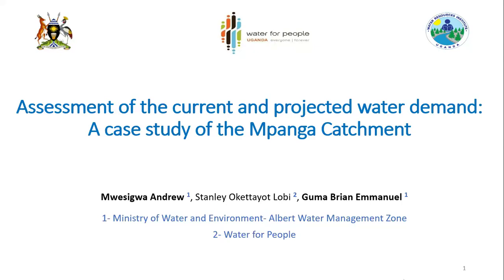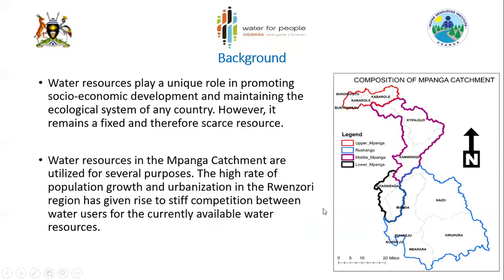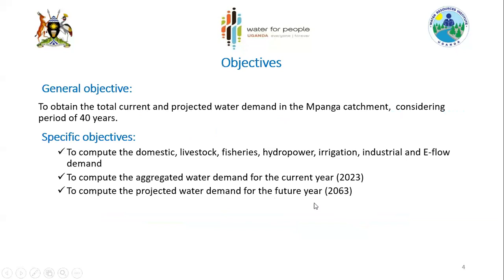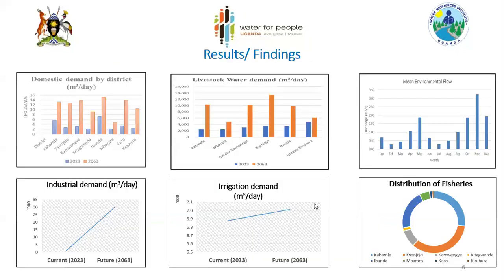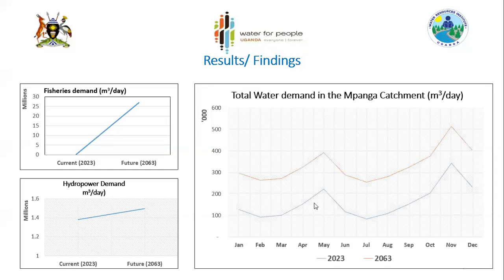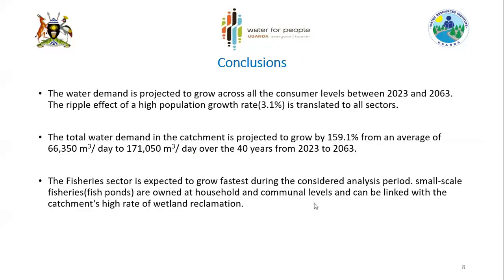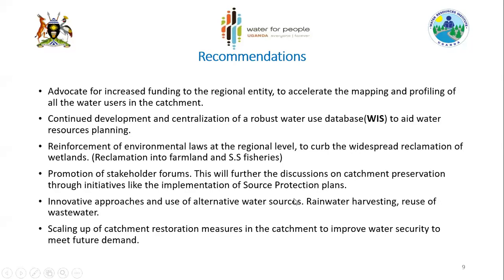Okay, let me attempt to answer Caroline's question. She's asking how we can manage the projected water demand. One of our recommendations was innovative approaches to the use of water resources.